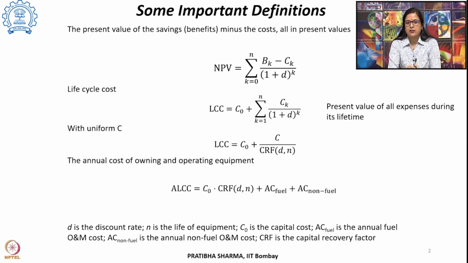Now, the annual cost associated with owning as well as operating an equipment can be obtained as the annual life cycle cost, which is the initial investment times the capital recovery factor plus the annual fuel-associated and non-fuel operation and maintenance cost. So, this is how we can get the annual life cycle cost of an energy producing plant.